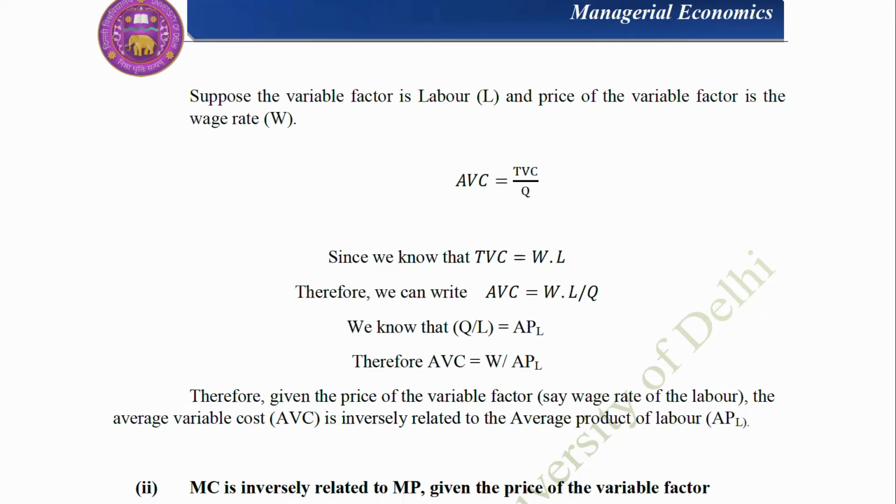We know that quantity upon labor is equal to average product of labor. Therefore, average variable cost is equal to wages upon average product of labor. Therefore, given the price of the variable factor, say the wage rate of the labor, the average variable cost is inversely related to the average product of labor.